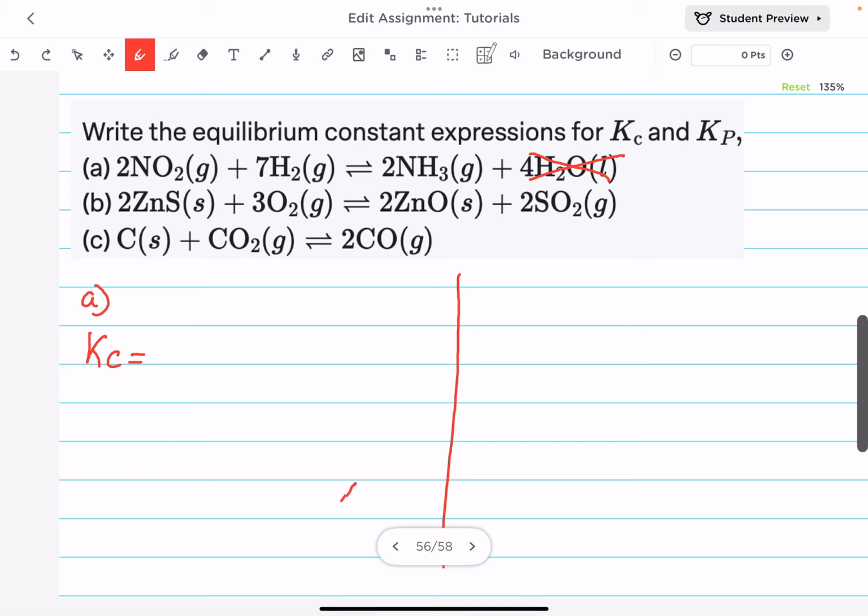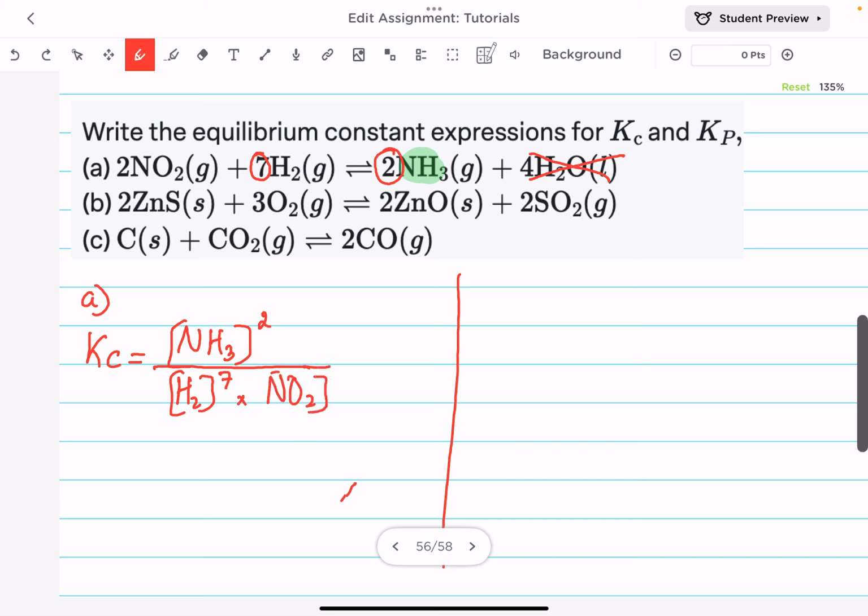So it's going to be NH3 product raised to the power of 2 divided by hydrogen gas raised to the power of 7 multiplied by nitrogen dioxide raised to the power of 2.